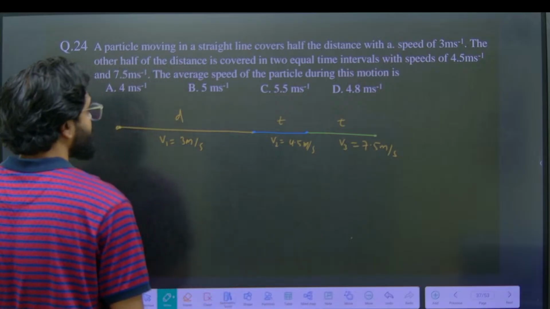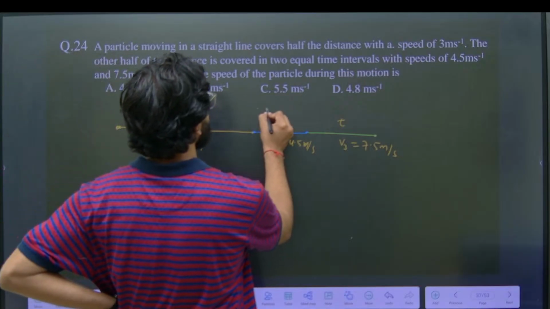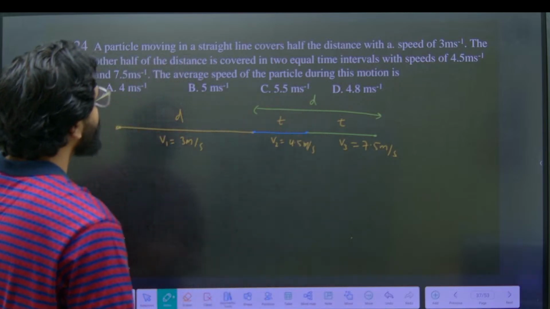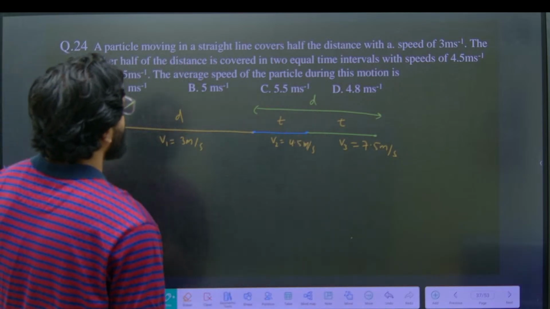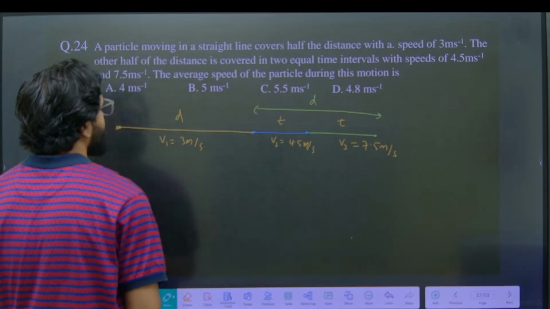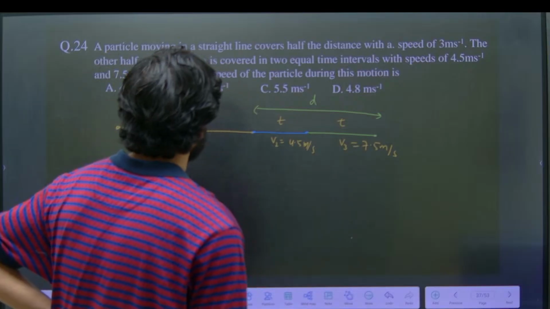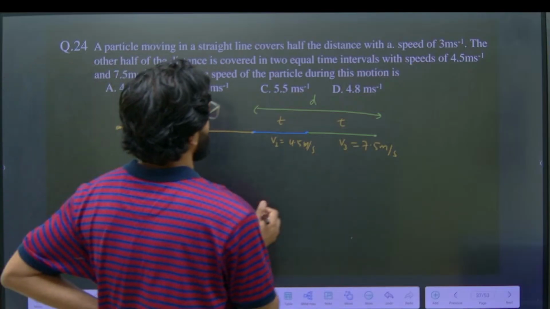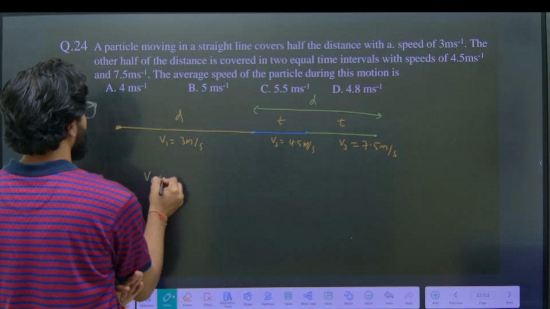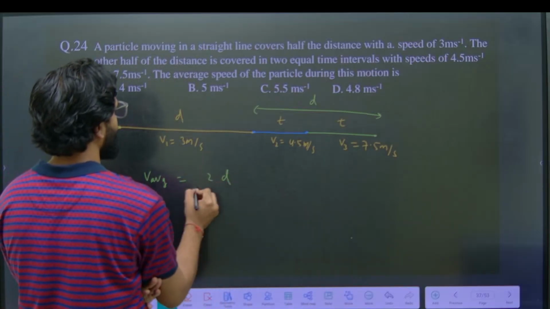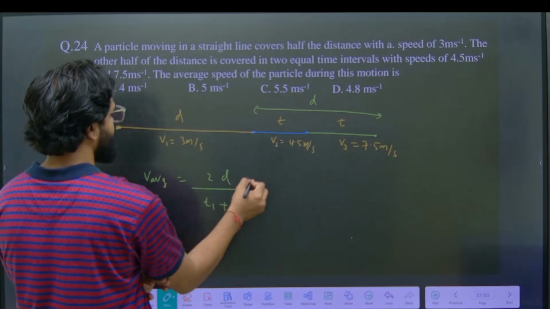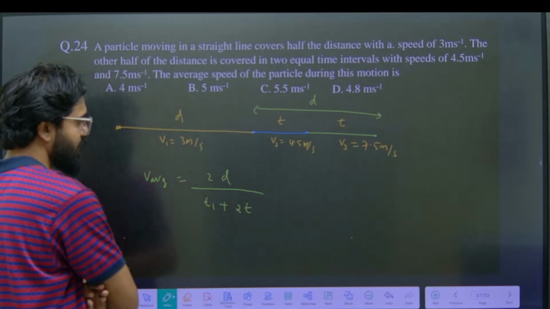Clearly, this is also D. So we can write V average equals 2D divided by T1 plus 2T, because the entire time is this.